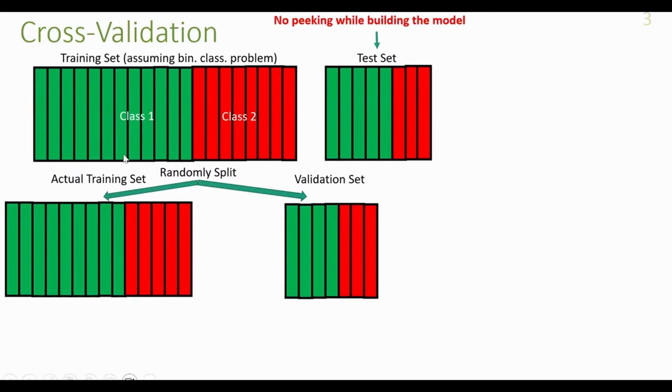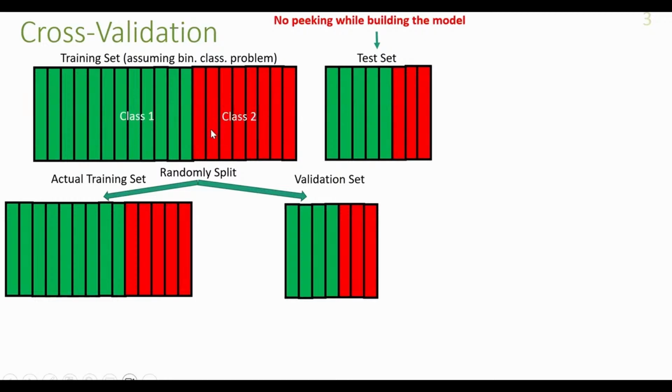Because if you do this splitting randomly, the chances are very less, but yes, it may happen, right? Even if you are having, let's say, 70% data belonging to class 1 and 30% of data belonging to the red class, right?